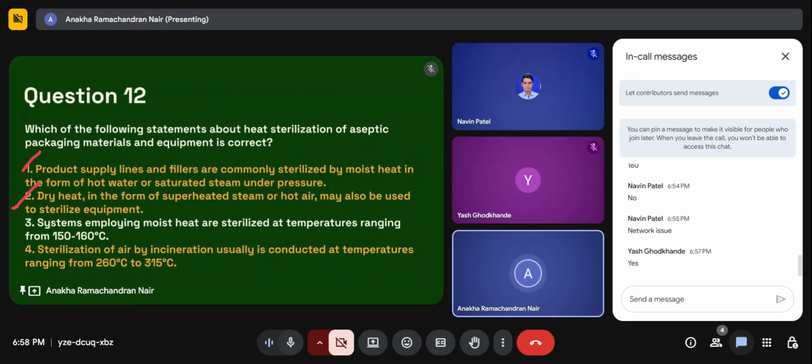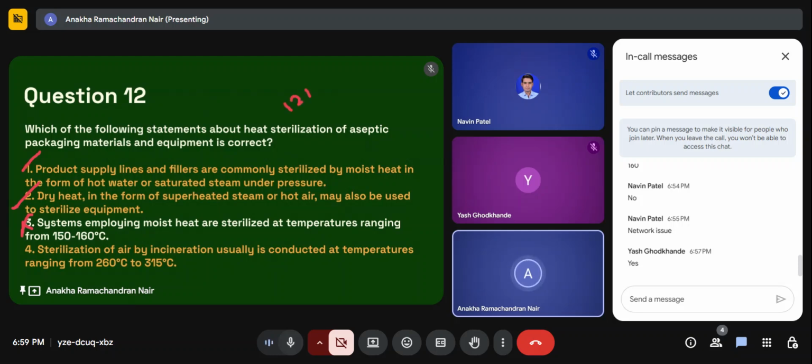Systems employing moist heat are sterilized at temperatures ranging from 150 to 160 degrees Celsius is not correct, since we are talking about steam, and steam is mostly at the temperature of 100 degrees Celsius, right? And with pressure, the maximum temperature that you can reach, especially if you've ever autoclaved anything, you will know that it is 121.